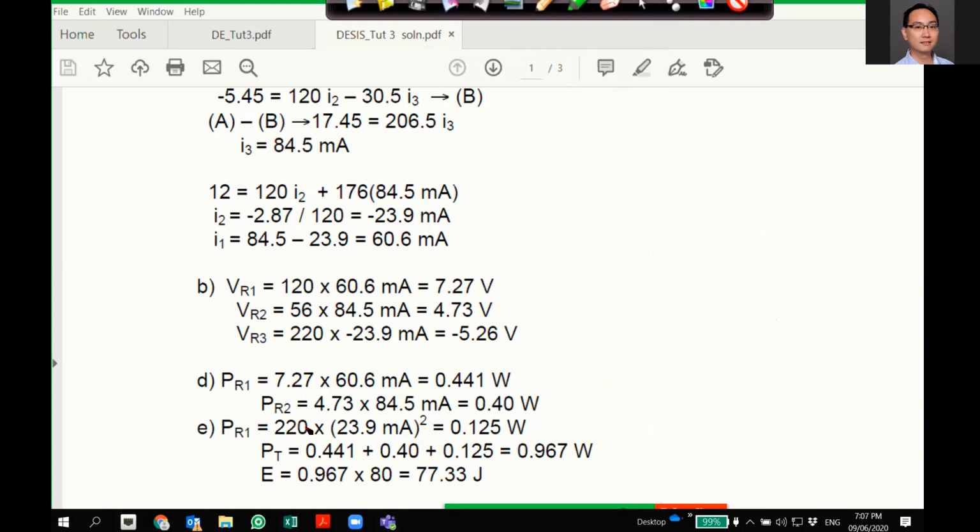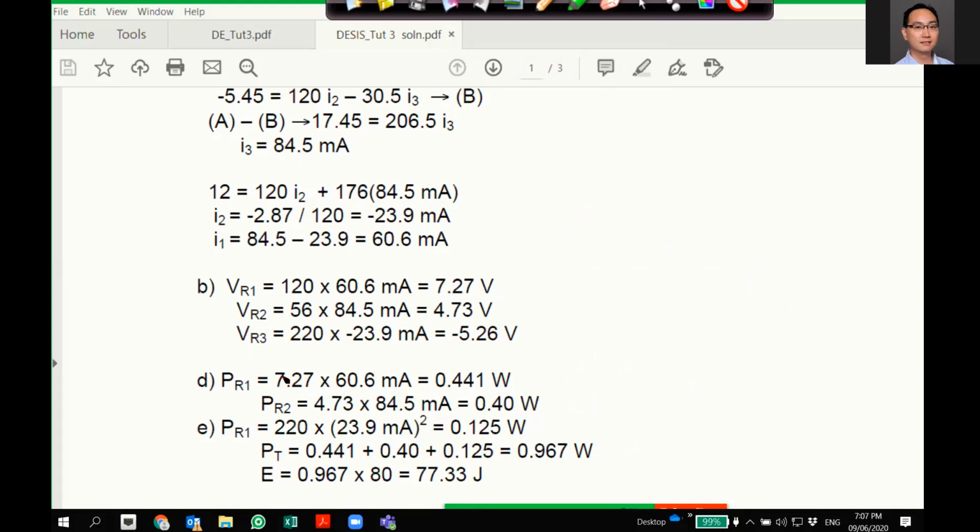You have to look at your PR1: voltage times the current, right? So you get V times I. This one is the VR1, this 7.27 volts.